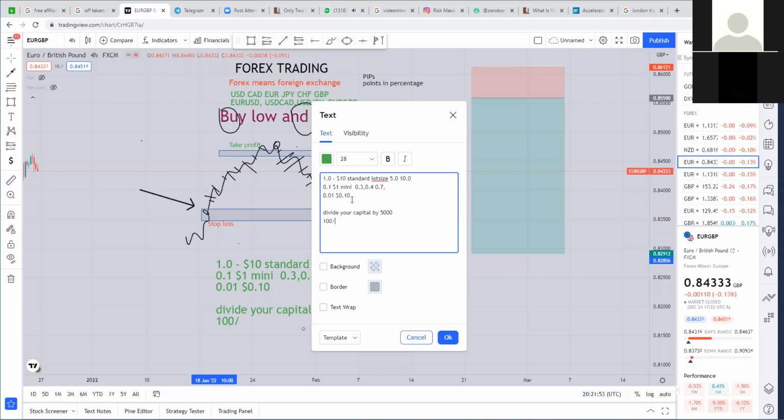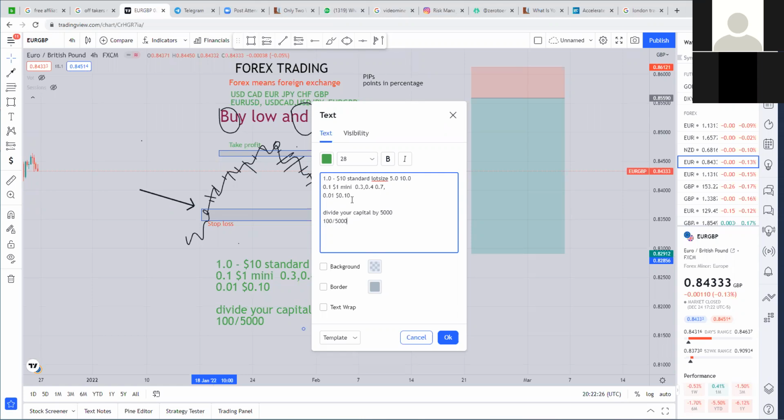How much is that? What is the value? Anybody want to help? Don't worry about the size, I can rearrange it. Just divide your capital by 5,000. Whatever you have will be the lot size you should use. And you can just open one position alone and leave it. No matter how the market goes, it's going to take a long time before you lose all your capital if you trade like this, you understand?